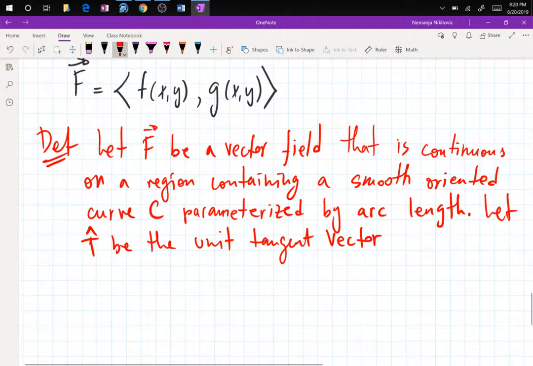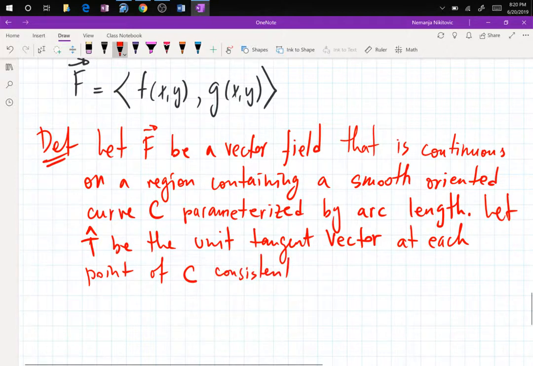Very good, very good. The tangent vector at each point of C consistent with orientation. I will explain every single word of this. It's just lengthy.